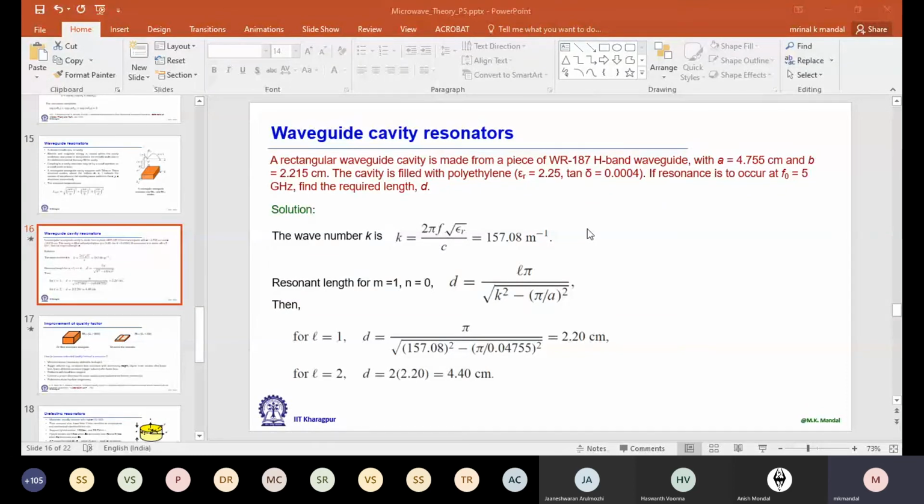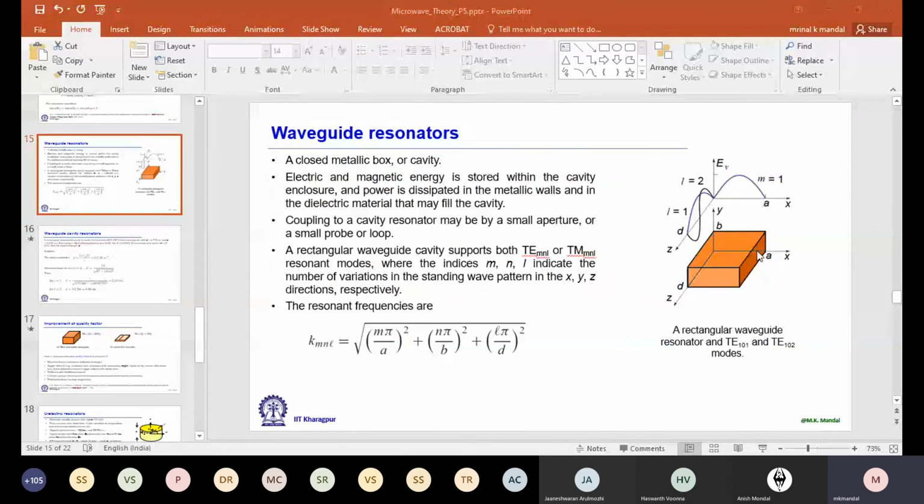Then the cavity is filled with polyethylene, epsilon r 2.25, and the loss tangent delta is given. Now the required resonant frequency is 5 gigahertz. Then we need to find out what should be the value of d. A and b are given here.